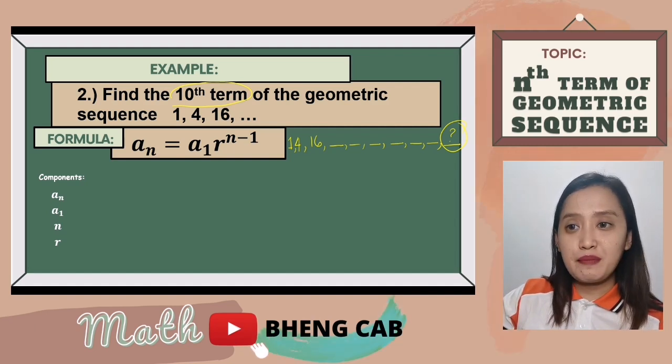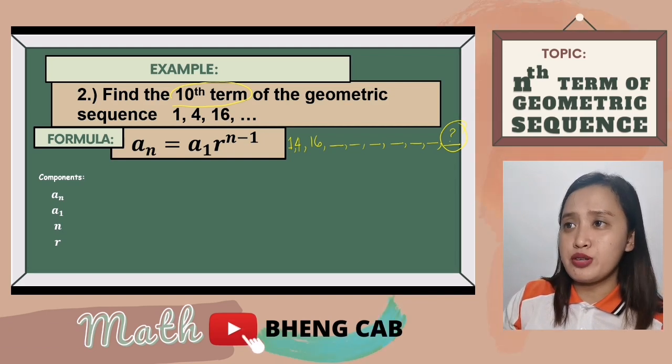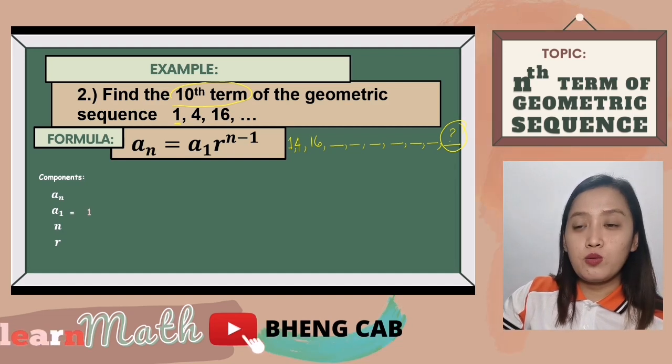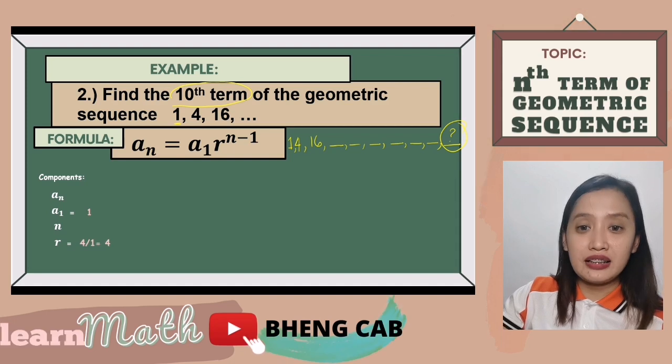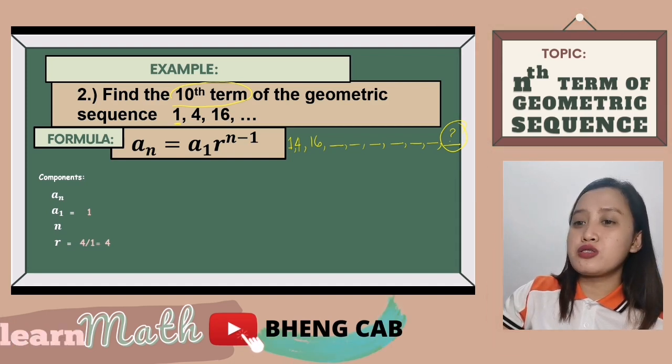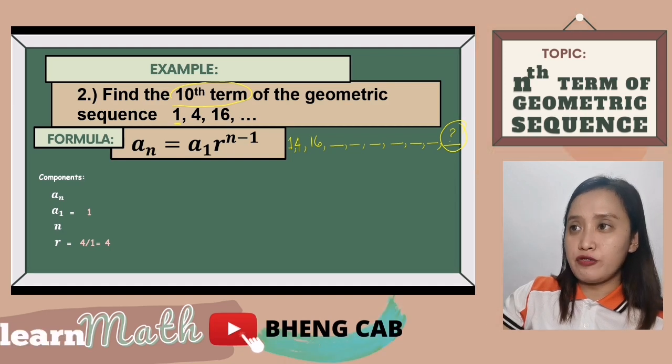So, ang pinakamadaling hanapin, yung first term. Okay, so meron tayo ditong 1, 4, 16. So, obviously, yung first term natin ay yung 1. So, a sub 1 equals 1. Pangalawang pinakamadaling hanapin ay ang ating common ratio na r. So, we have here 4 divided by 1 equals 4.